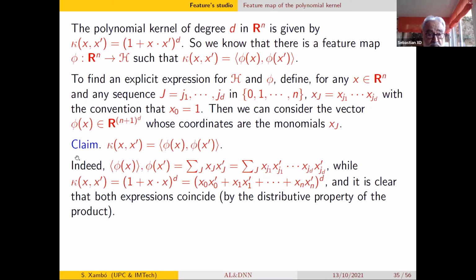Well, the proof is simple. Phi of x, sorry, this is wrong. It should be here. Okay. Slide 35.